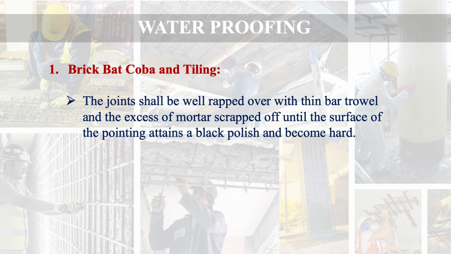The joints shall be well rubbed over with a thin bar towel and the excess of mortar scraped off until the surface of the pointing attains a black polish and becomes hard.